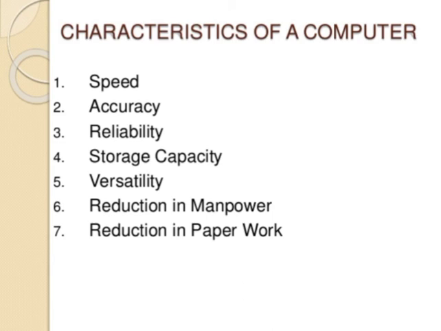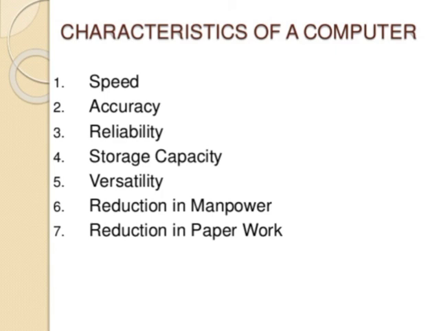Now next is reduction in manpower. Of course, this is the most important characteristic of a computer. A computer can perform the work of thousands of persons at a time. If so many people are doing typing or some other task, a computer can perform its work in minimum time and give you a quality output.